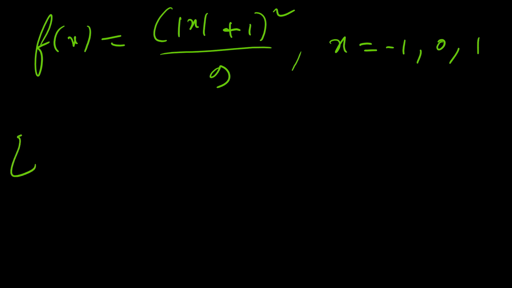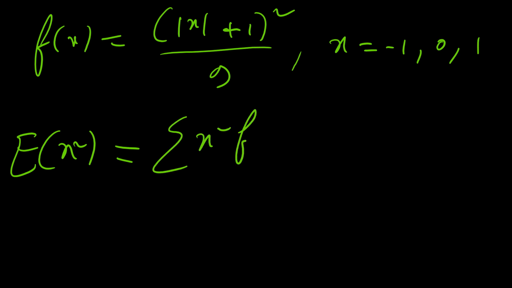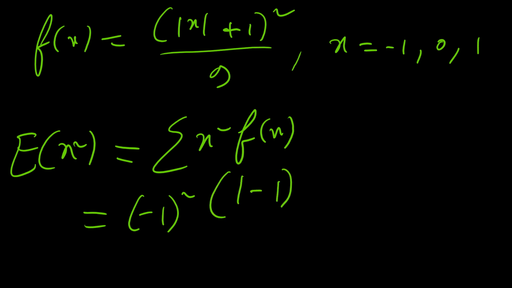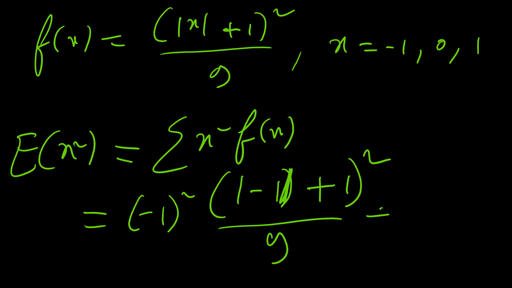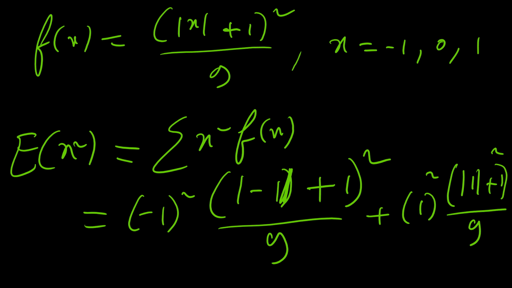So in this case, the expected value of x squared is the summation of x squared times f of x, which is going to be, the first one, -1 square, then you replace f of x, so it's just going to be the absolute value of -1 plus 1 square divided by 9. Because this is 0, 0 squared is just going to be 0, so this is going to be plus 1 square, then we have the absolute value of 1 plus 1 all square divided by 9, right?